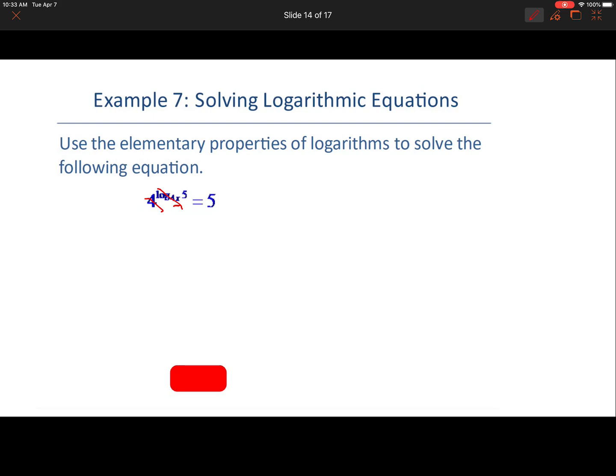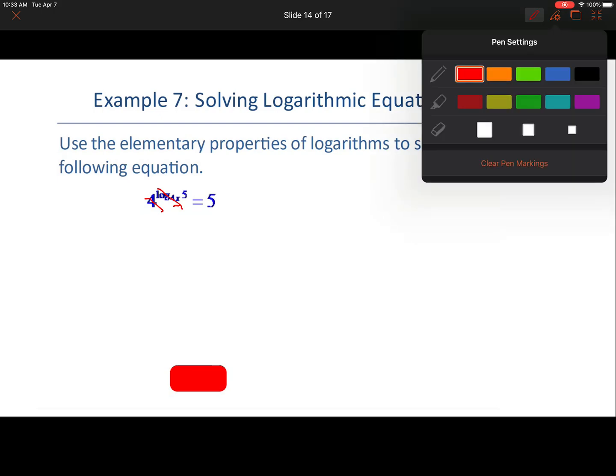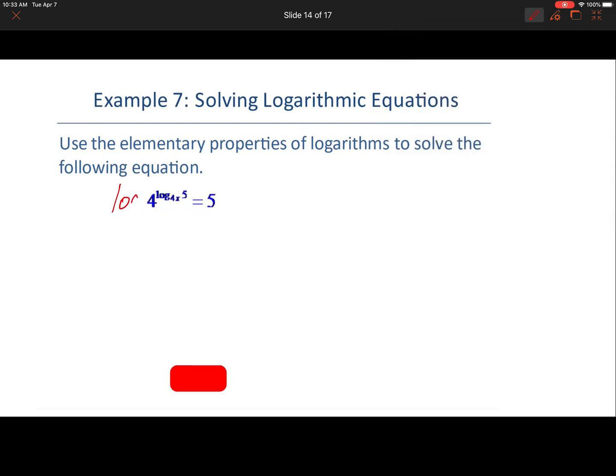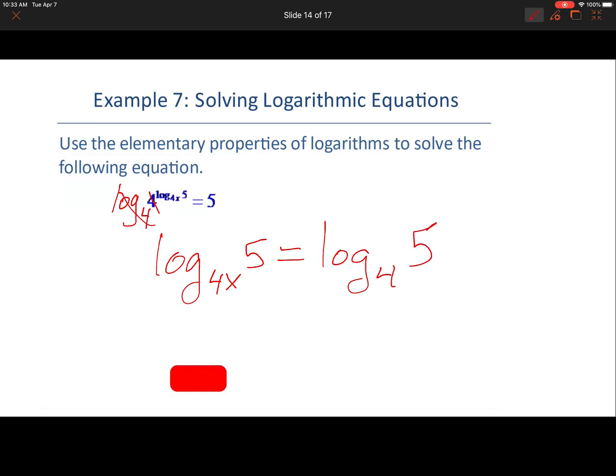There are going to be other methods that we will learn later. So I will show you a little bit of that. But if I use a log base 4 to undo my exponential base 4, now whatever I do to the left side, I got to do to the right. So these are going to cancel because they're inverses. And then I have log base 4 of 5 over here.